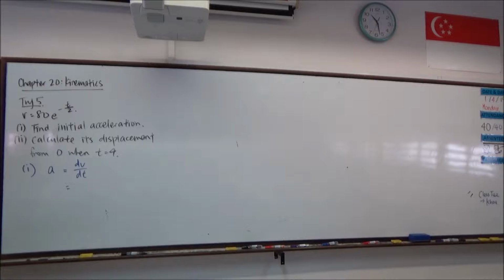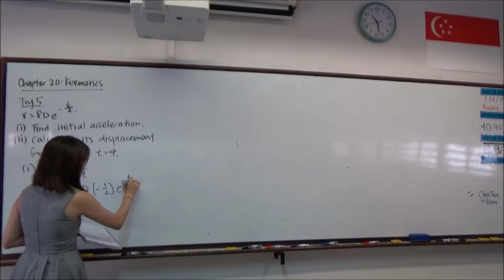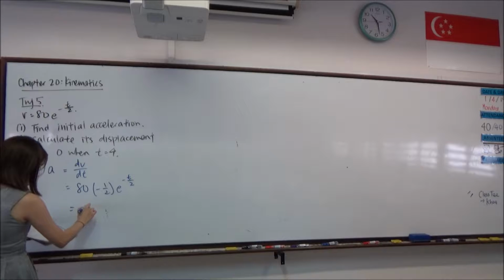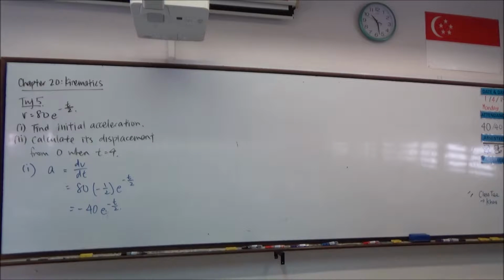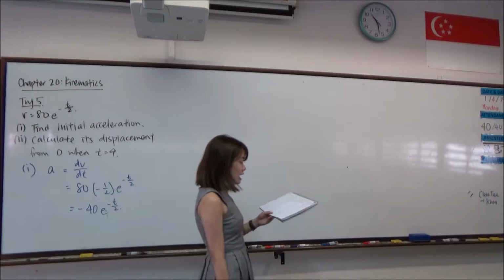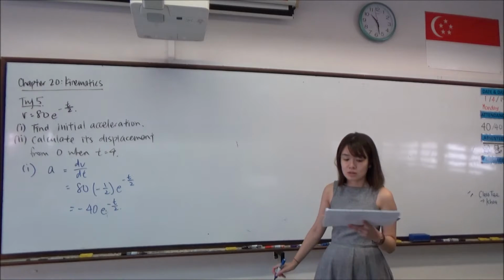How do we differentiate this? Bring down the negative half, right? So we will get negative 40e to the power of negative t over 2. Then after that, we want to find the initial acceleration, so we substitute t equals to 0.